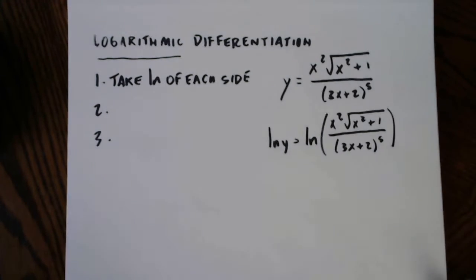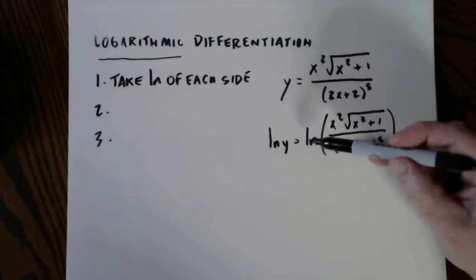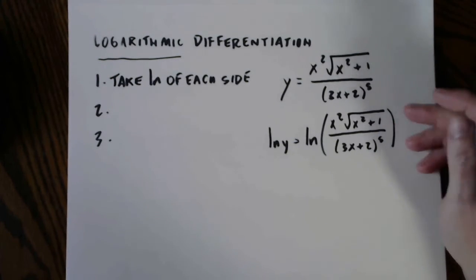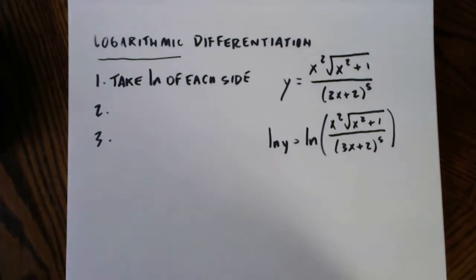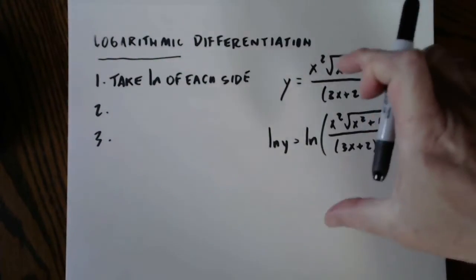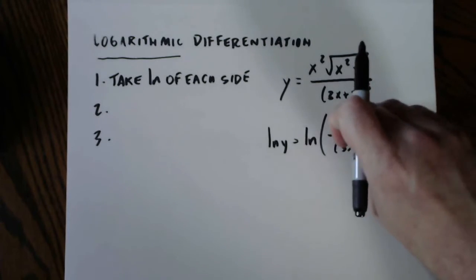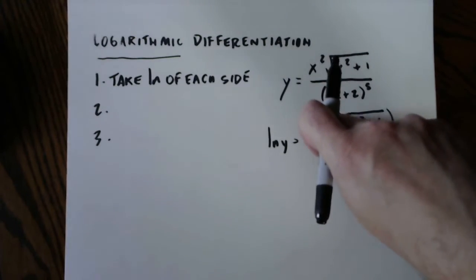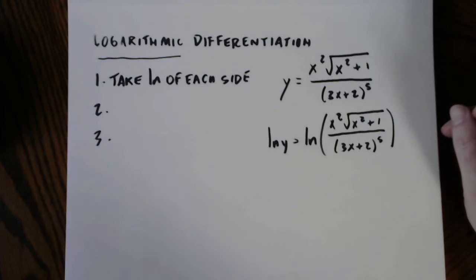Okay, so why did we do that? Well, if I look at this thing, this is a log now. Think about those 3 properties of logs where you can take something like this and you can split it up. You can split up a quotient with subtraction. You can split up via addition, etc.